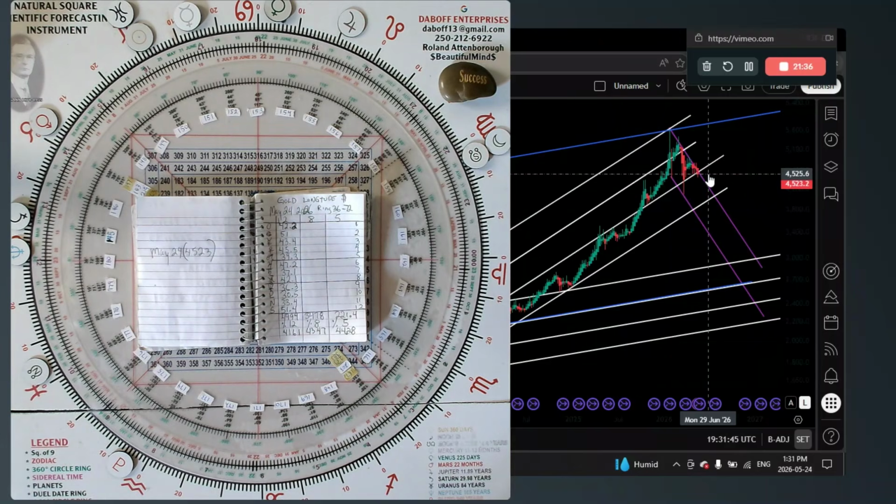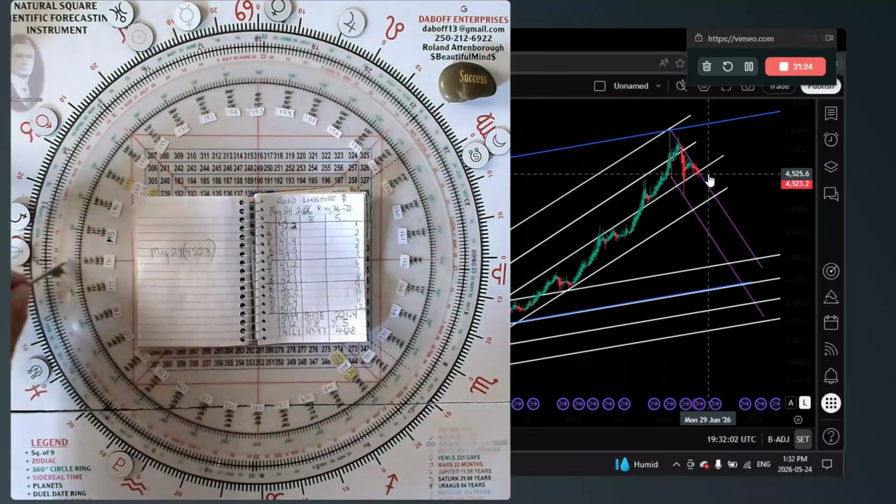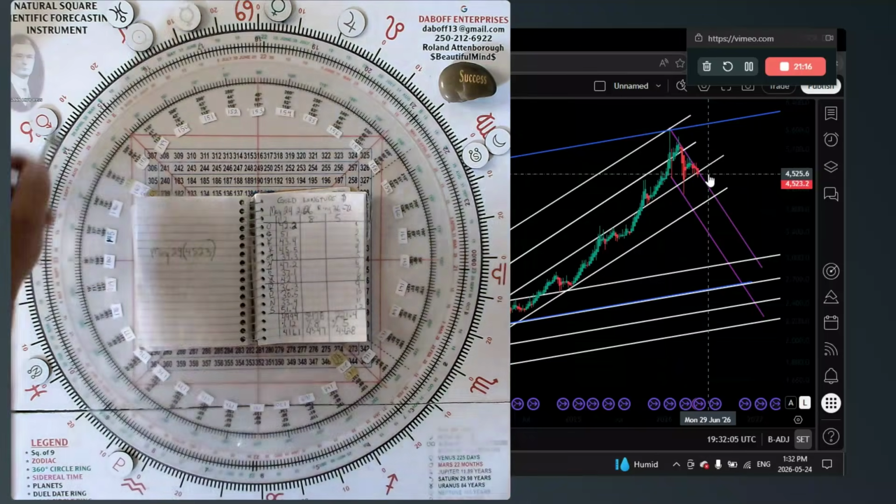And anybody can do this with a little bit of practice. You will need our tool to help to ascertain the price resistance levels, and we're doing this from a fixed circle point where the circle is at 0 degrees of Aries in a fixed position, and then we put the planets all the way around.